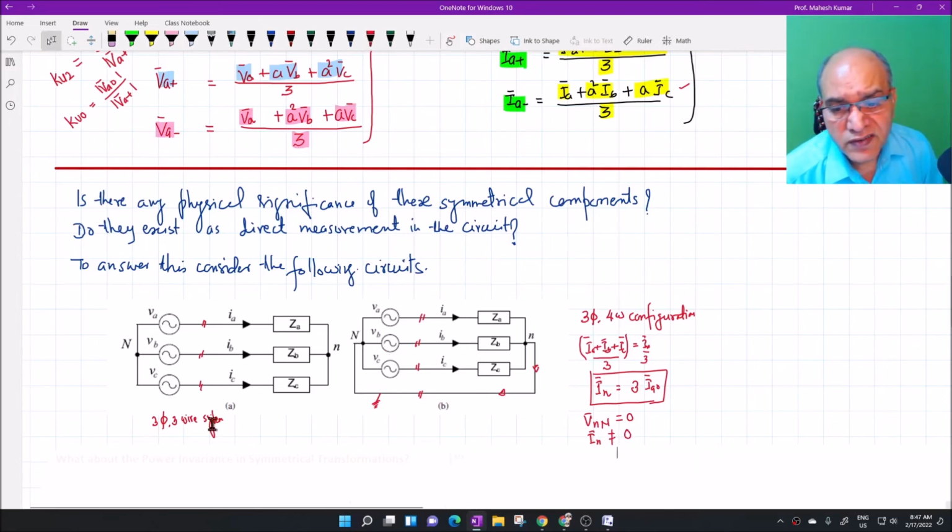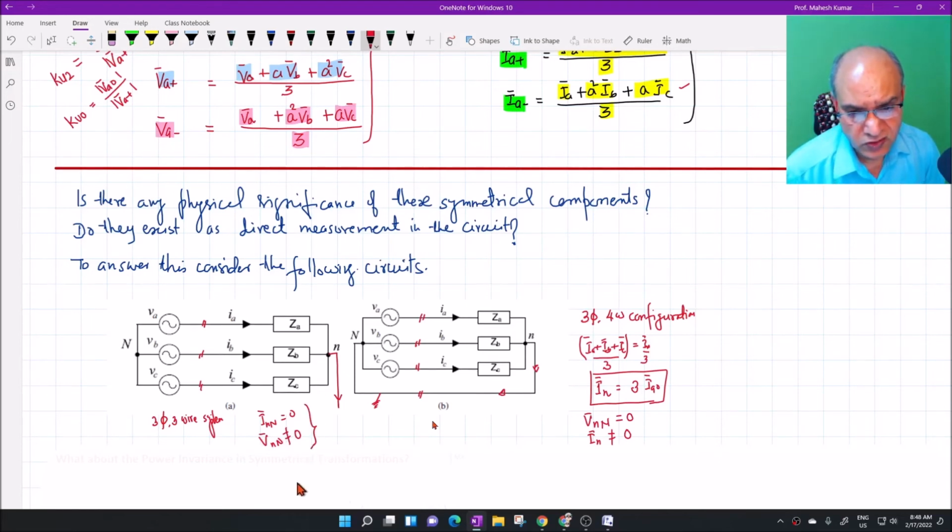If you see this configuration, then IN is always equal to 0 because there is no fourth wire. It's broken. So IN is always equal to 0, but VNN may or may not be equal to 0 depending upon the nature of load.